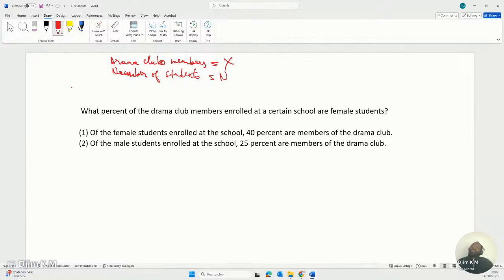So it says, what percent of the drama club members enrolled at a certain school are female.